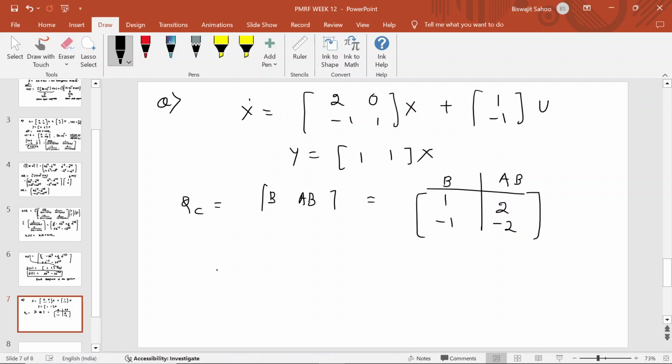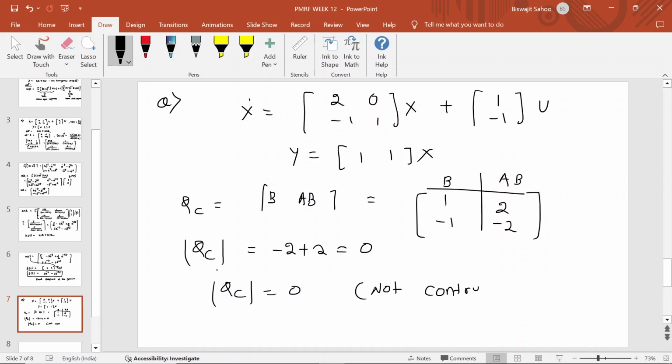This is the matrix. Find out the determinant of this matrix, Q_C. This gives you -2 plus 2, which is equal to 0. So Q_C determinant equals 0, so the system is not controllable.